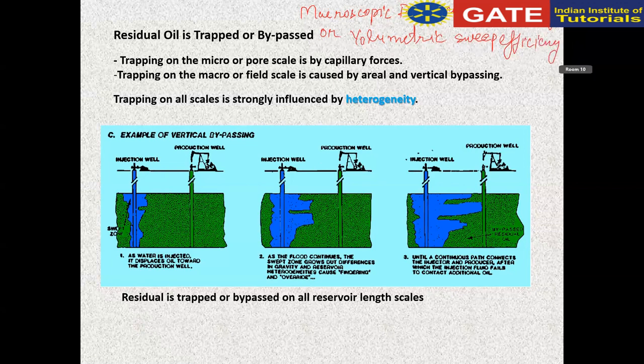To calculate the macroscopic displacement efficiency and volumetric sweep efficiency, there is a formula: EV represents your volumetric sweep efficiency, EI represents your vertical sweep efficiency and EA represents your aerial sweep efficiency.